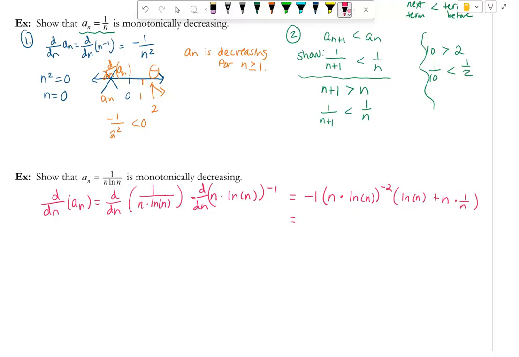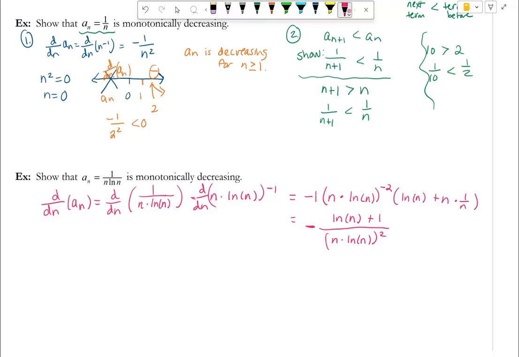So we end up getting, for our derivative, the natural log of n plus 1 over n times the natural log of n squared, and that is negative. So I'm going to put a negative out front. All right, so that's our derivative of the explicit equation for that sequence.